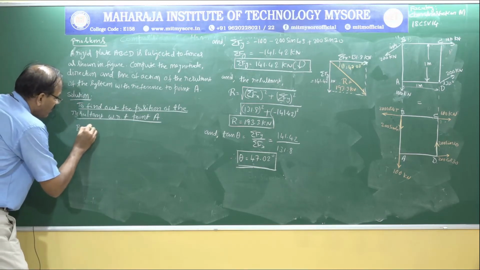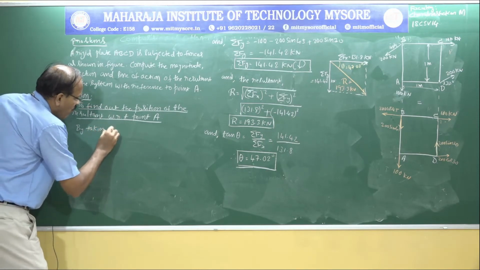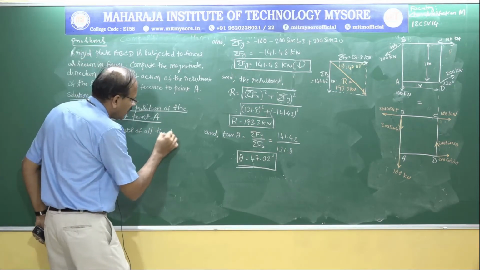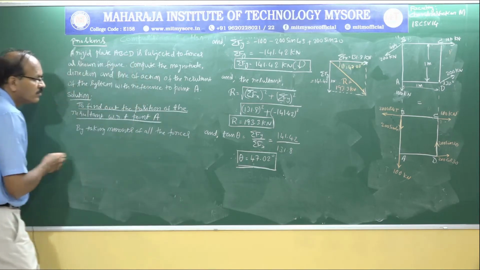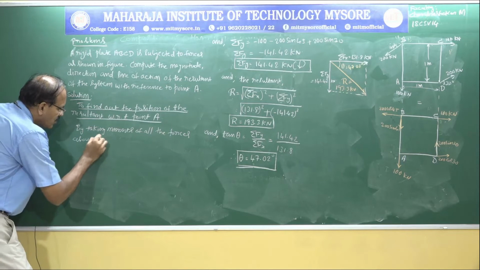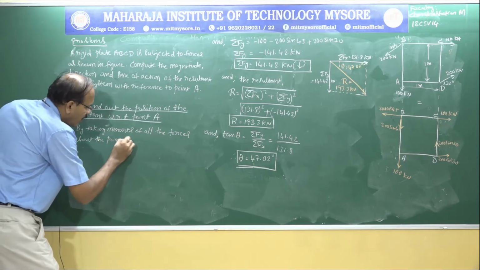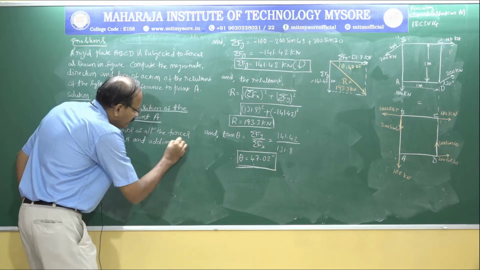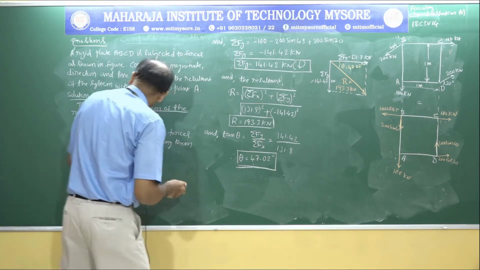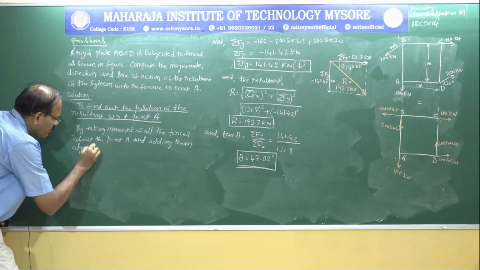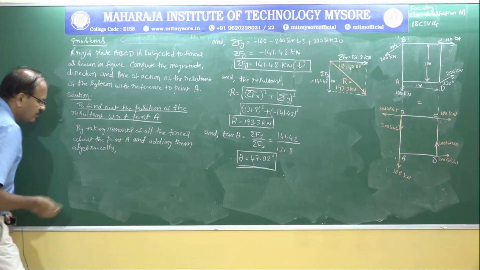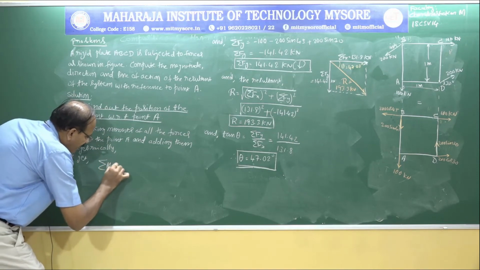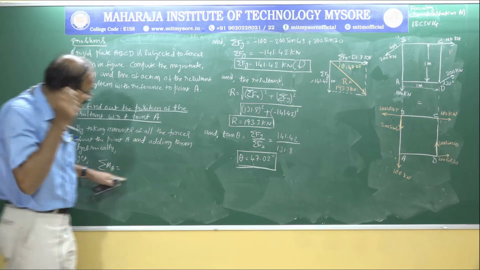So by taking moments of all the forces about the point A and adding them algebraically, we get, I'm going to call this sigma MA, because I am taking the moments of all the forces with respect to point A.